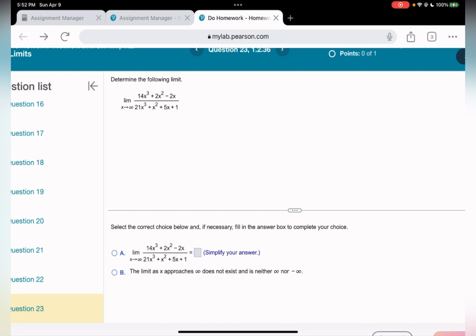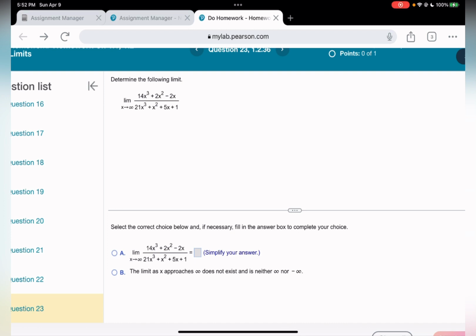You are always comparing the highest degree of the top with the bottom. The highest degree is 3, 14x cubed. The bottom also has highest degree 3. So degrees are equal, which means we are taking the coefficients of these x's. 14 over 21. But I am going to reduce by 7, both of them, and get 2 over 3.